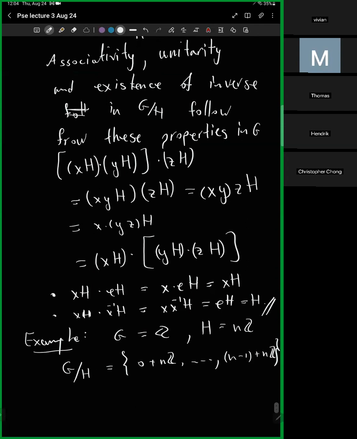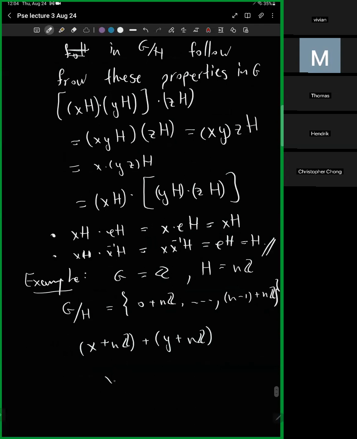The group structure is: you take a coset x plus nZ, and you want to add it to a coset y plus nZ. Well, then you just do x plus y in the ambient group G, and you add it to the coset nZ.